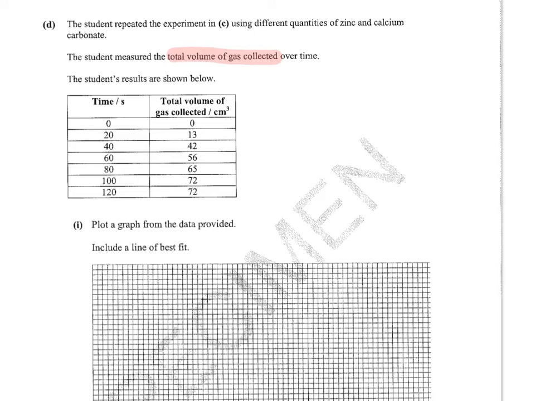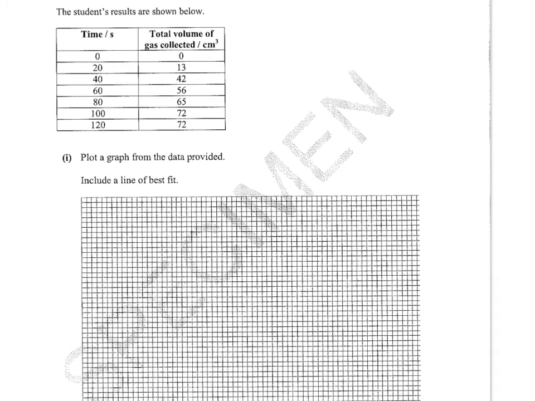So what does it ask you to do? It asks you to plot a graph from the data provided and to include a line of best fit. So it's all good practice that you've been doing at GCSE, it's just transferring it over. So I'm going to put some tips down on how to approach this up here.